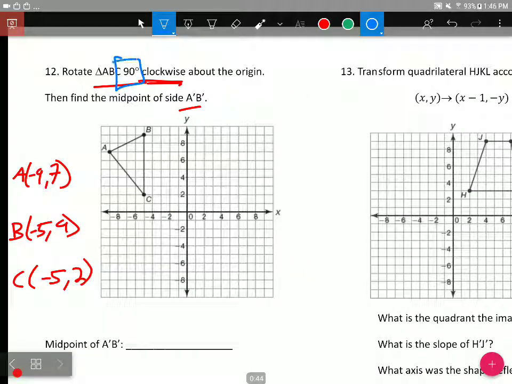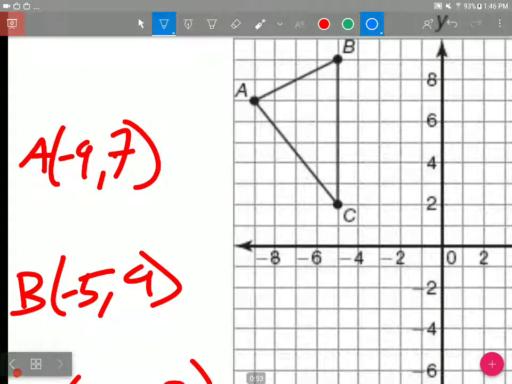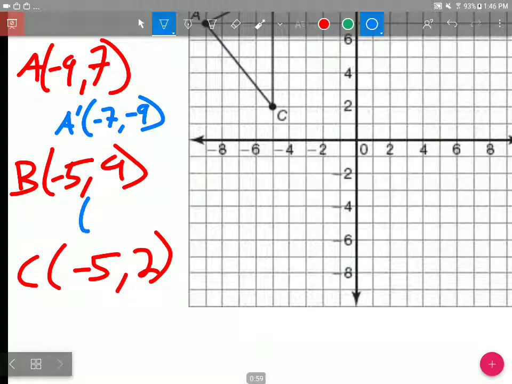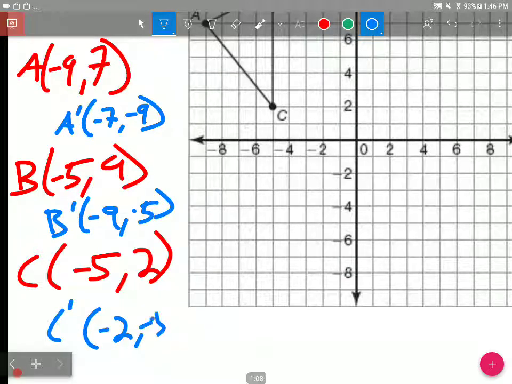Remember, the 90 degree rule is you switch them and you make the second one negative. Okay? So A prime would be negative 7, negative 9. The B prime would be negative 9, negative 5. The C prime would be negative 2, negative 5.